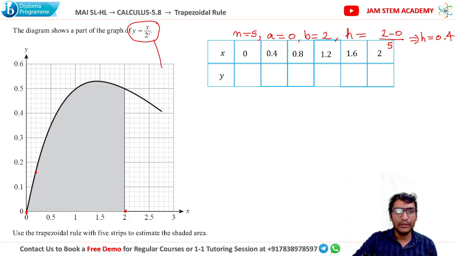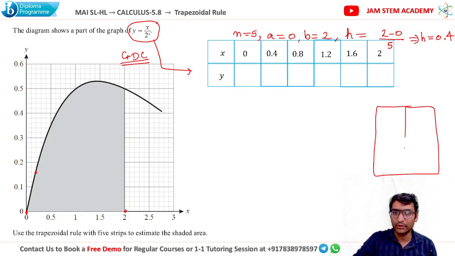So I will use the GDC. You can enter these values in the spreadsheet and you can get this answer. In column A, you can write the x values: 0, 0.4, 0.8, 1.2, 1.6, and 2. And here for the y values, you can use the formula, which is what?